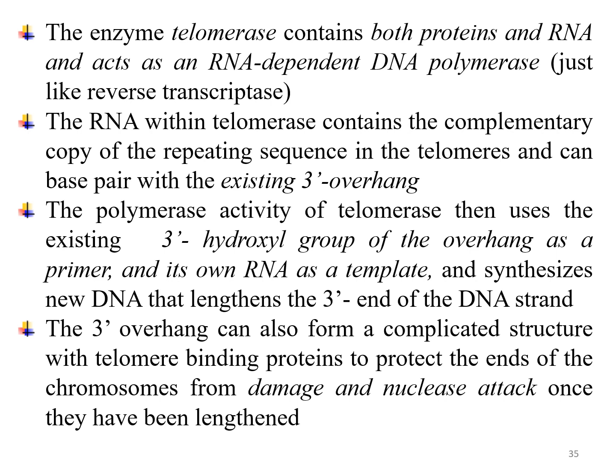Therefore, the polymerase activity of telomerase uses the existing 3'-hydroxyl group of the overhang as a primer, and its own RNA as a template, and synthesizes new DNA that lengthens the 3' end of the DNA strand. The 3' overhang can also form a complicated structure with telomere-binding proteins to protect the end of the chromosome from damage and nuclease attack once it has been lengthened.